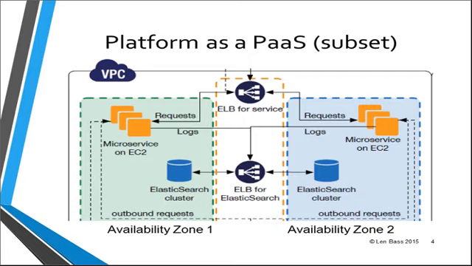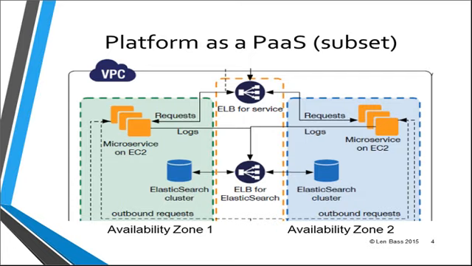And so they would have a microservice. This is the executable view of a deployed microservice. They would have a microservice existing in two availability zones. The last ELB is an AWS service.